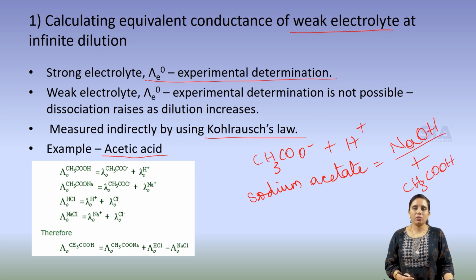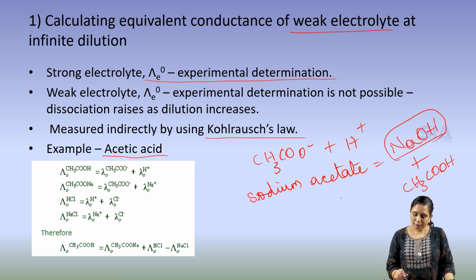NaOH is a strong electrolyte and its value can be determined easily. If sodium acetate is dissociated, then we get acetate ion and sodium ion.